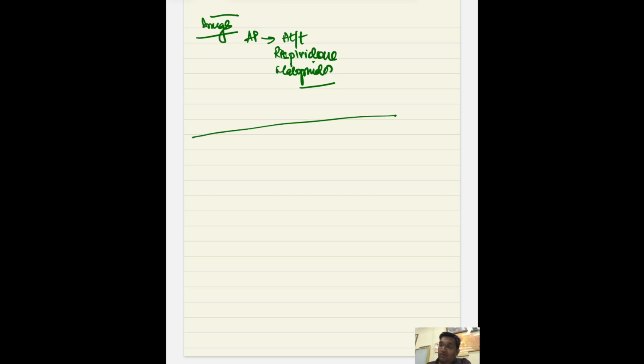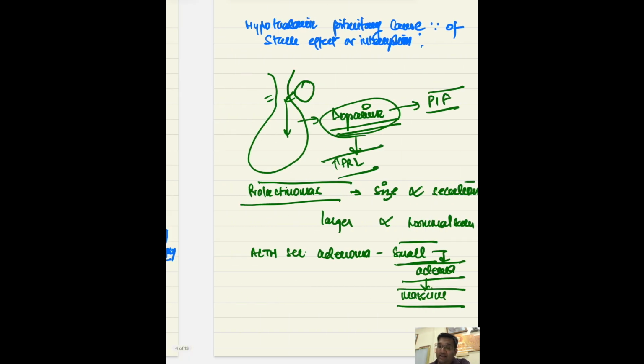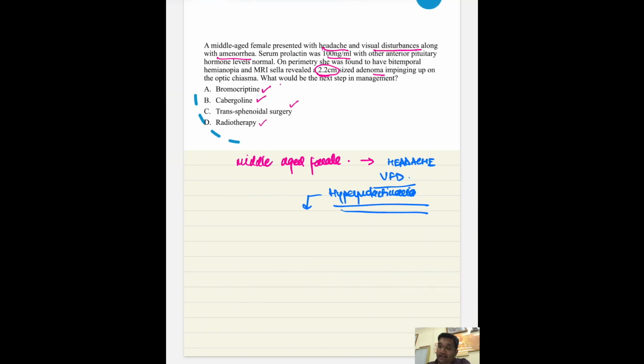But coming back to the question, there is no mention of any drug here, and no mention of any microadenoma. Rather, it is a macroadenoma.